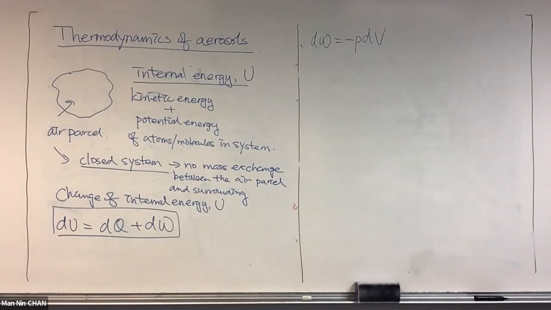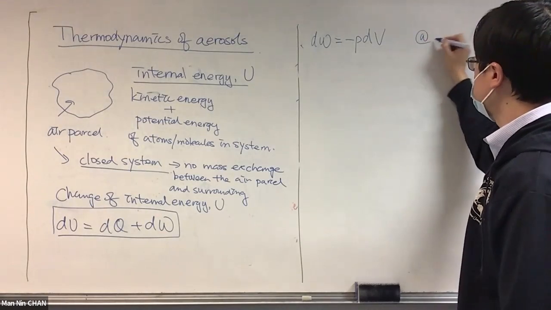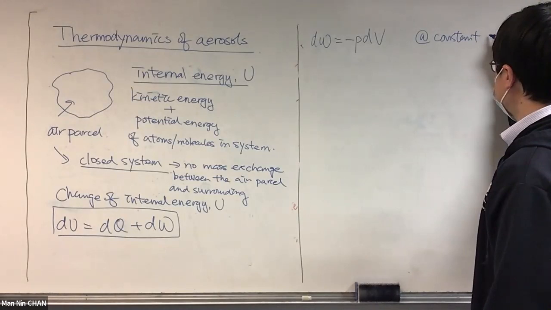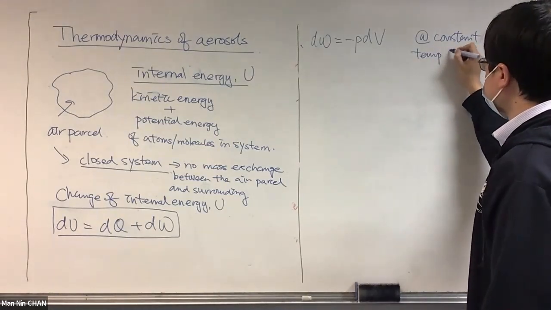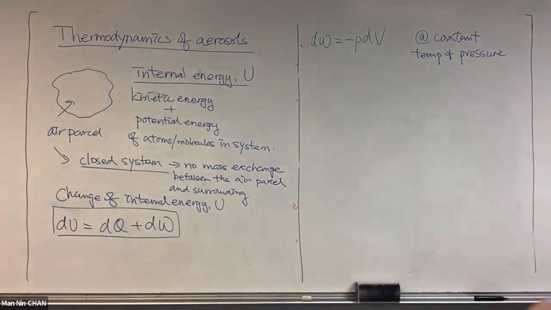Let's say we focus our discussion at constant temperature and pressure. So dW, the work done, will be equal to minus P times dV.